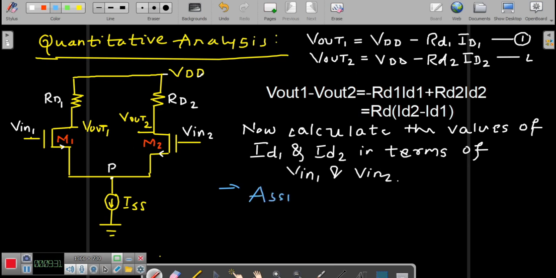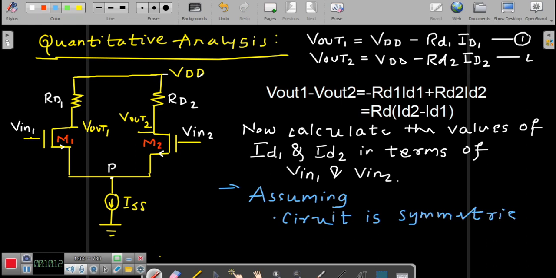assuming first one, the circuit is symmetric. You know what is the meaning of the circuit being symmetric? The circuit is symmetric, right?